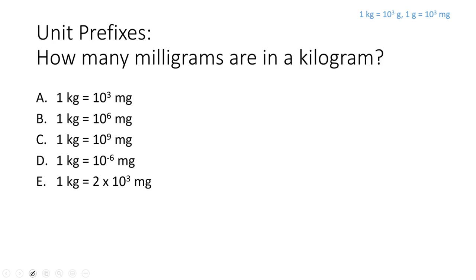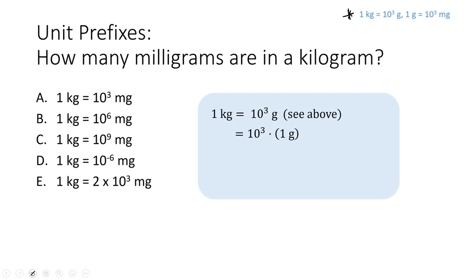So here we go. I have the unit conversions up here at the top of the slide, and we want to know how many milligrams are in a kilogram. Let's take a look at how I solved this problem. I said 1 kilogram is 10 to the 3rd grams, which I got right from the top of the slide. And then I split this out: 10 to the 3rd times 1 gram. Those two things are equivalent, the first line and the second line. That's pretty obvious.